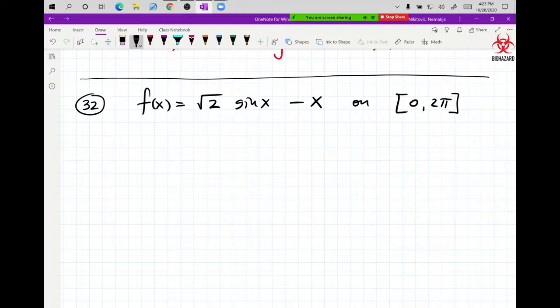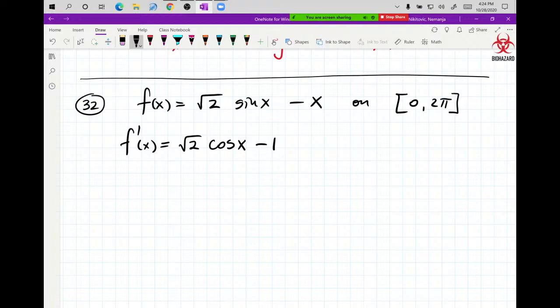And we already have our domain, so I don't have to look at the domain of the function. Domain is restricted. So I can immediately jump into the derivative. Copy the constant. Then we have derivative of sine is cosine, and then minus 1.